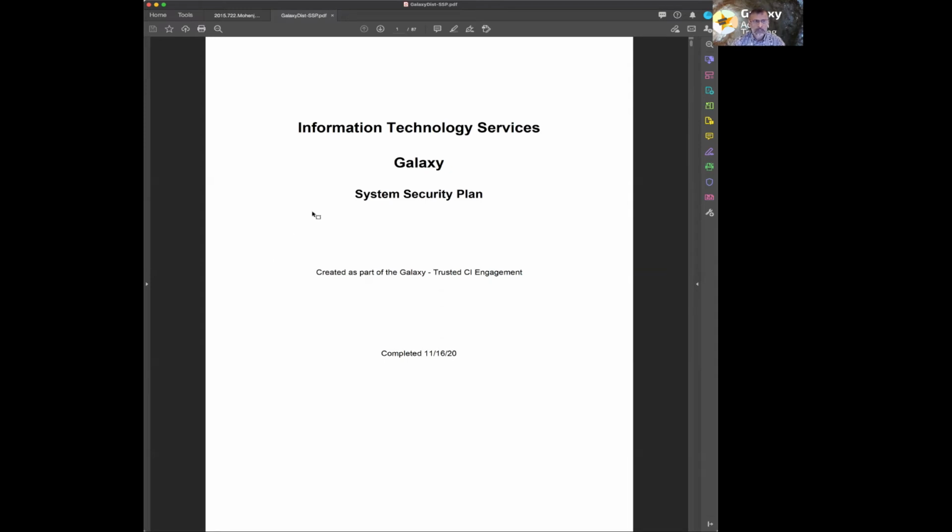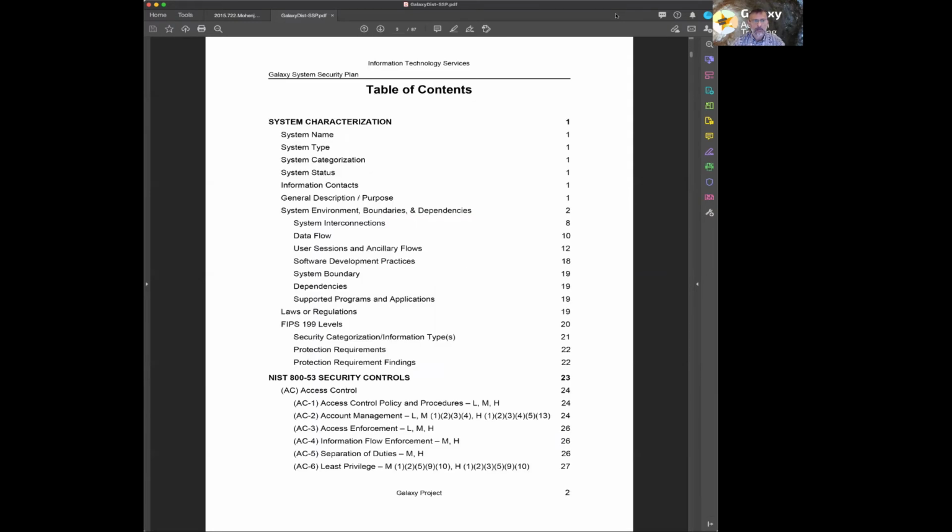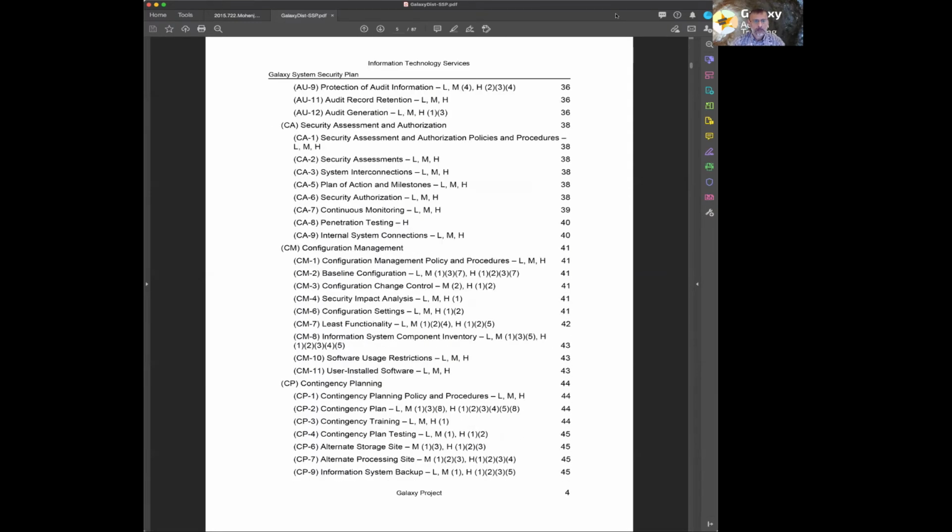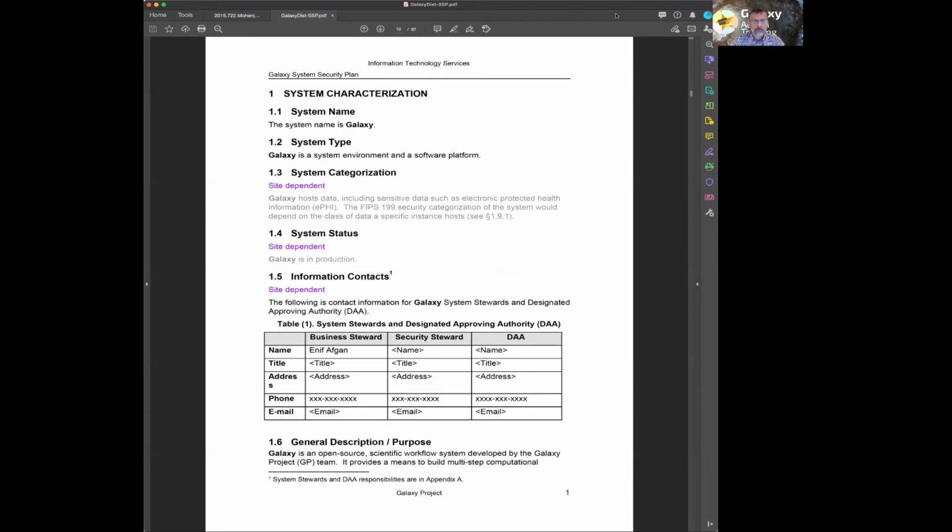So the document essentially is, and I'm going to run past the table of contents here, starts with a system characterization.